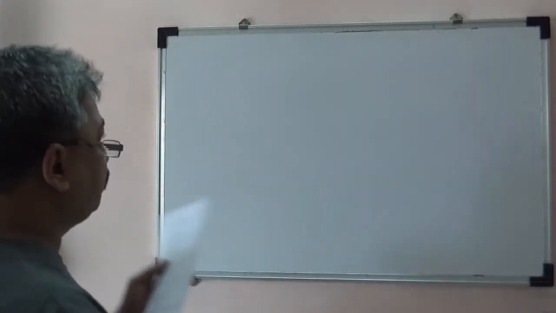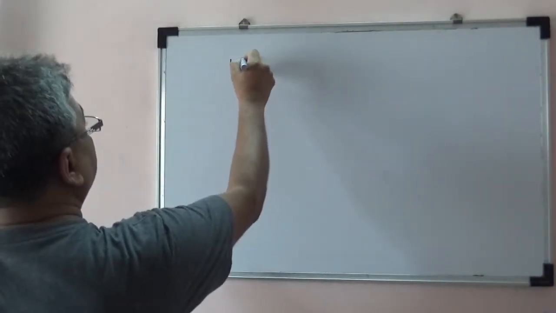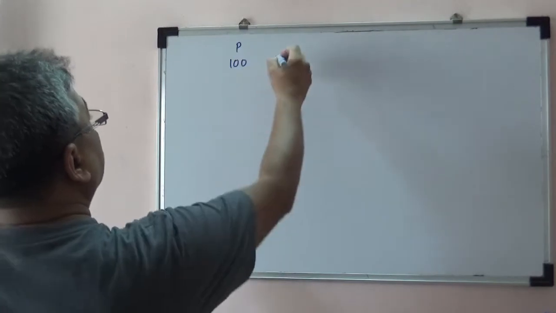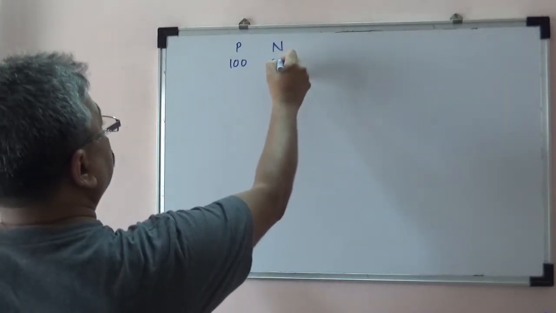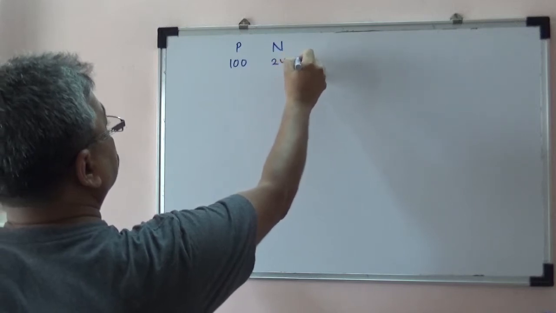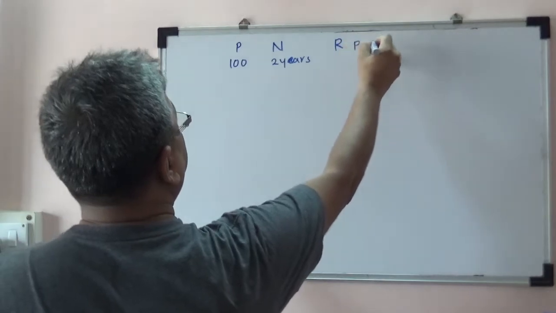Okay, so in simple interest, let us take the example of 100 rupees as our principal, time 2 years, and rate of interest is R PCPA.